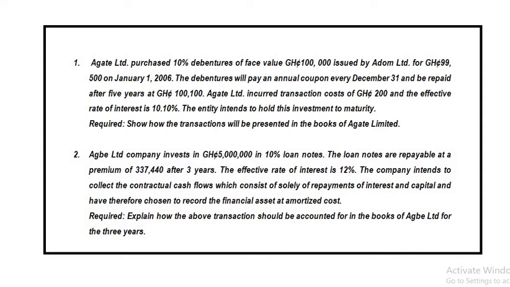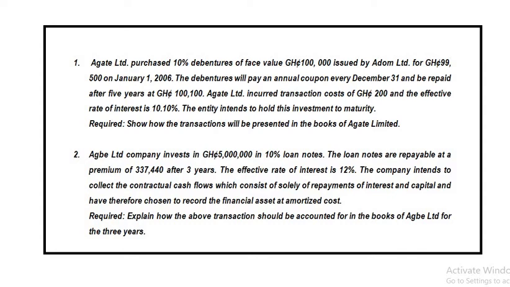The company intends to collect the contractual cash flow, which consists solely of repayment of interest and capital, and has therefore chosen to record the financial asset at amortized cost. Required: explain how the above transaction should be accounted for in the books of Acca Limited for the 3 years.